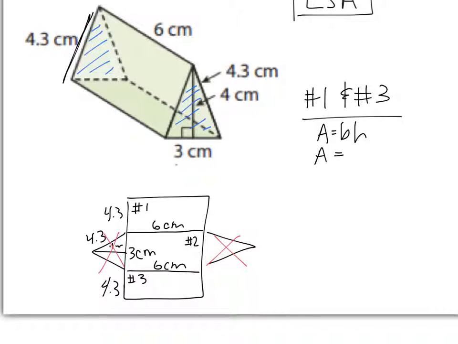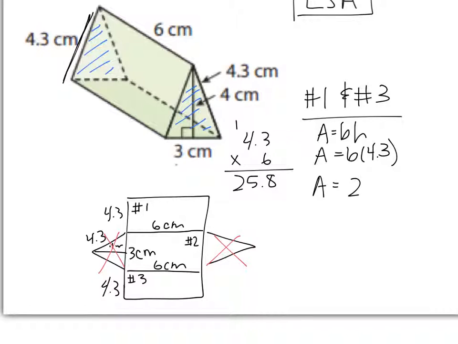Area equals 6 times 4.3. So 4.3 times 6: 18, 25, decimal here. Because there were 2 of them, remember this is only 1 so far, I'm going to have to multiply by 2. 6, 11, 5, bring down your decimal. And so that's for the 1.